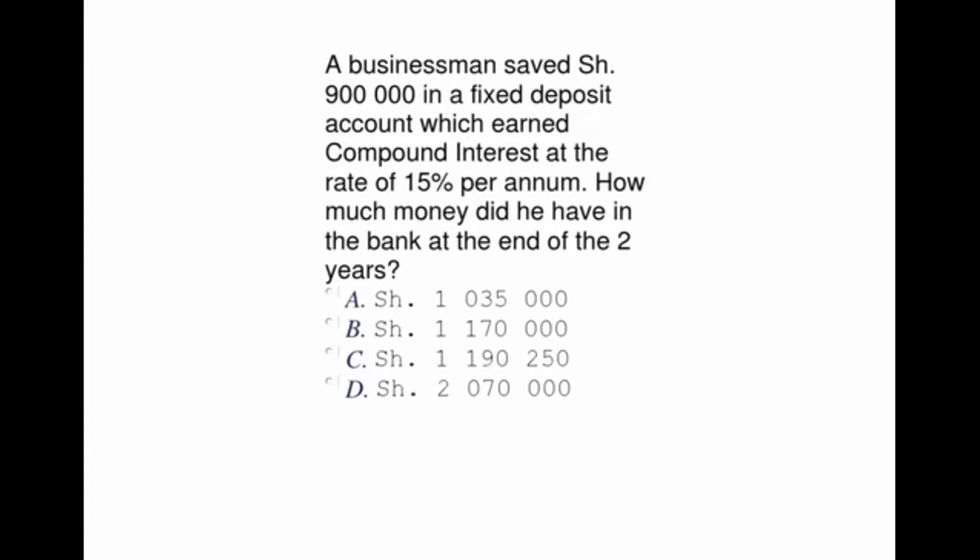A businessman saved 900,000 shillings in a fixed deposit account which earned compound interest at the rate of 15% per annum. How much money did he have in the bank at the end of the 2 years? So our principal equals to 900,000 shillings.